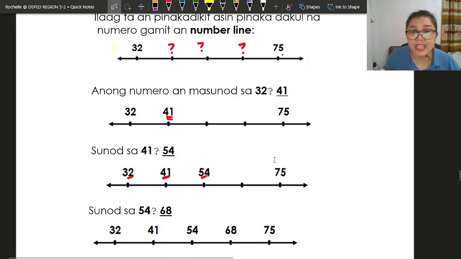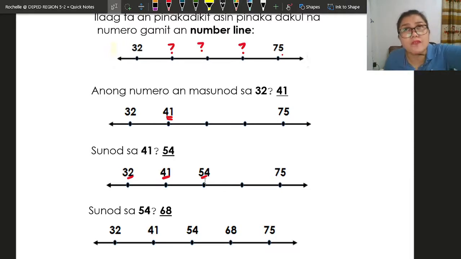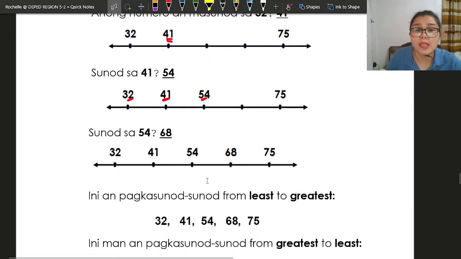Bagay ba dito ang 68? So, let's continue counting. Counting it up. 54, 55, 56, 57, 58, 59, 60, 61, 62, 63, 64, 65, 66, 67, 68. So, that's why we have 68.